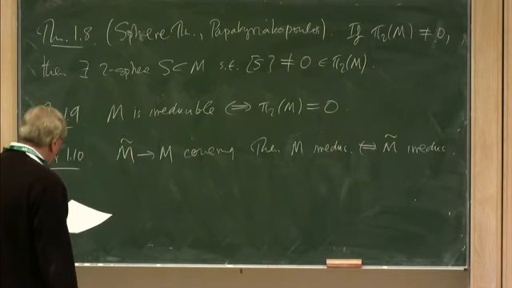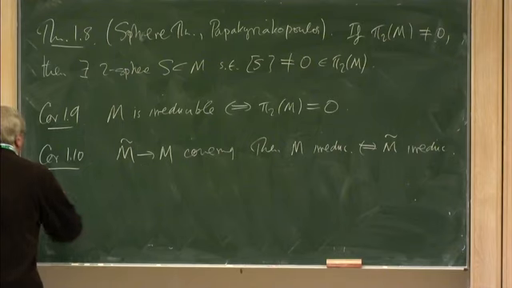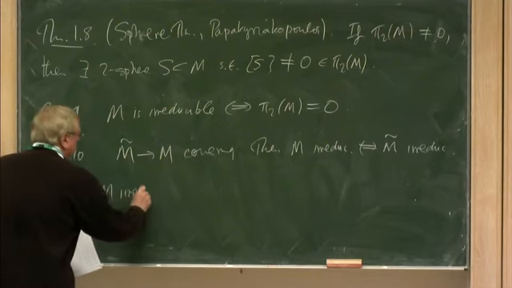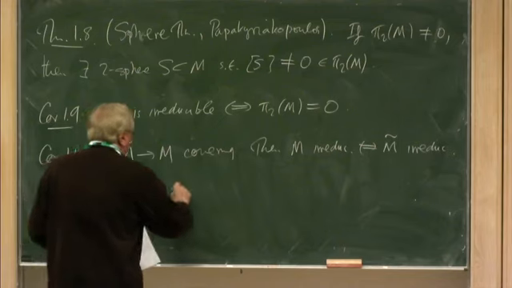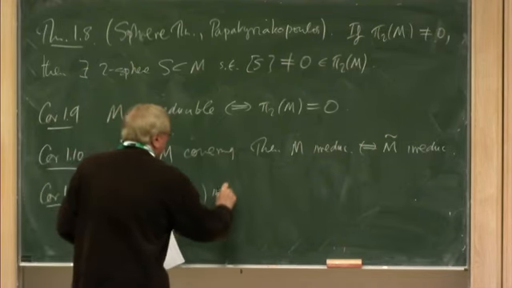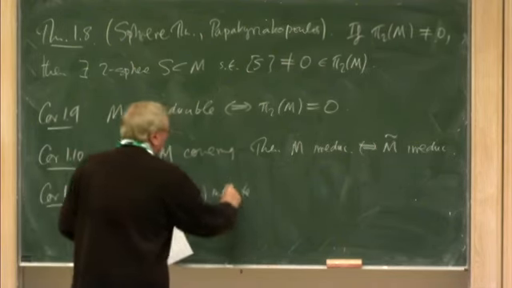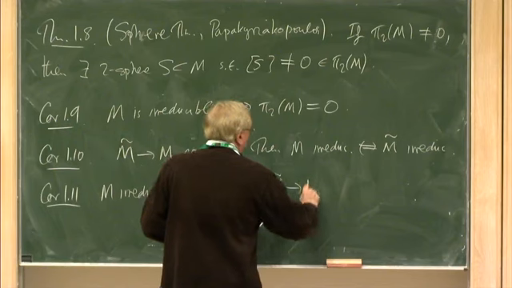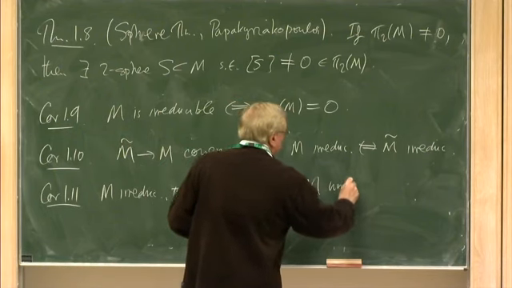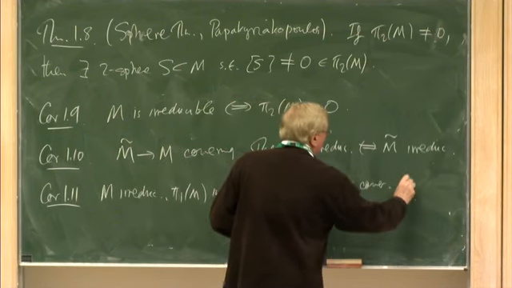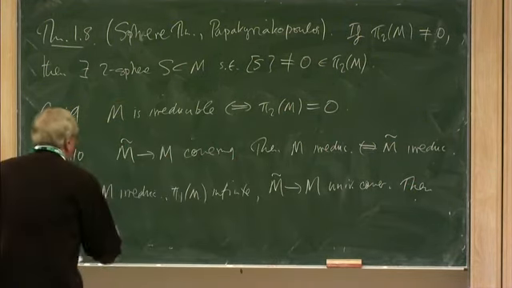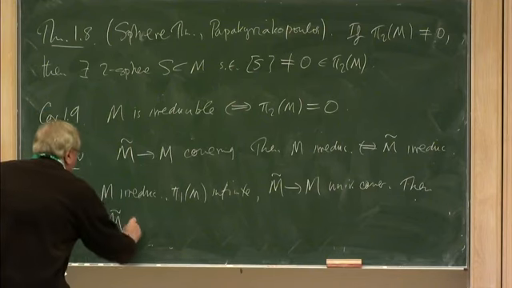Let me just mention one more corollary here. Again, this is an exercise for you. If M is irreducible and pi 1 of M is infinite, and M tilde the universal cover, then it follows that M tilde is contractible.